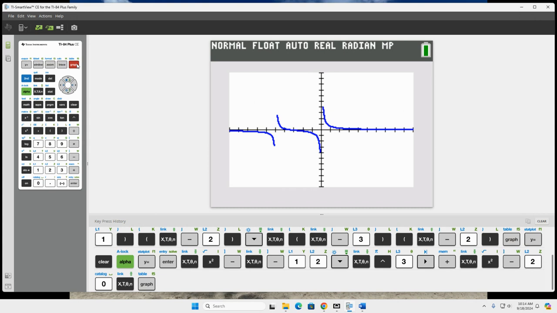Now the calculator is not perfect. So do you guys think that it actually stops right there, or it keeps going? Yeah, it's going to keep falling, and it's going to keep rising. The calculator just has issues. It's fine though. It's pretty good. Now this graph kind of messes with people's heads a little bit because they think that you can't touch the horizontal asymptote, but right there at that 0, it does.